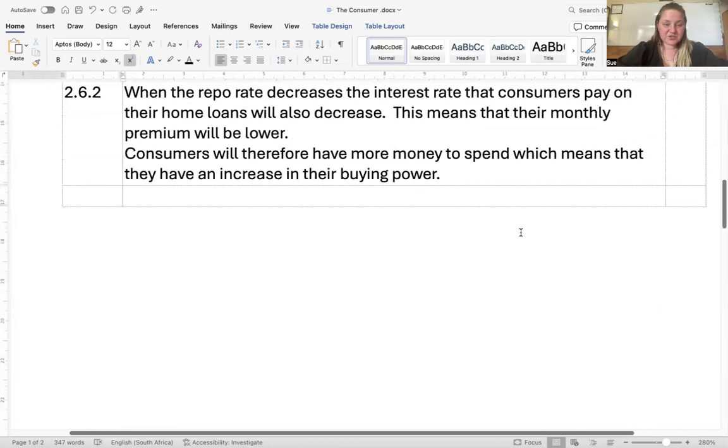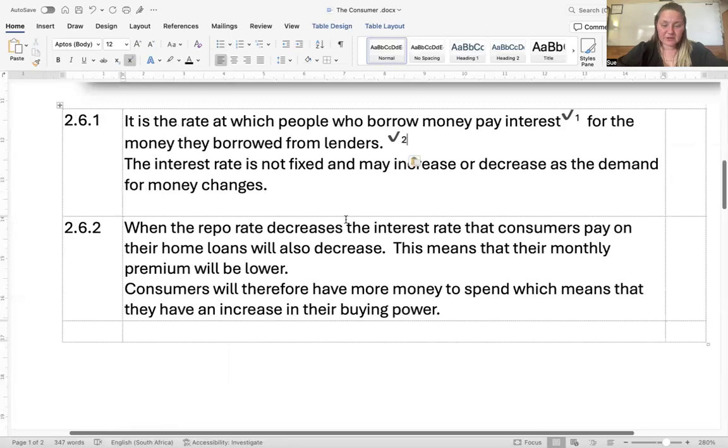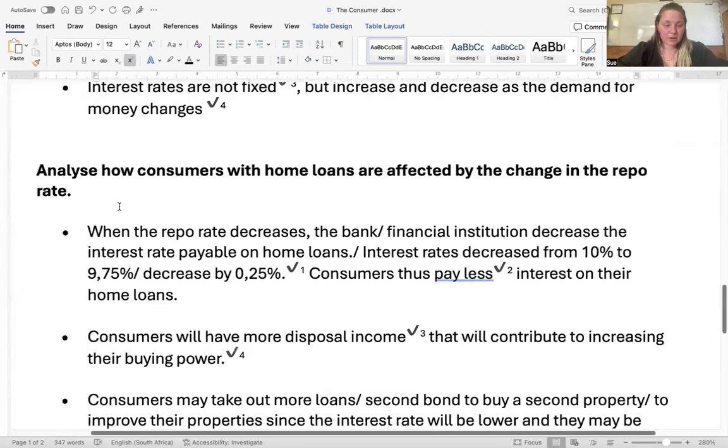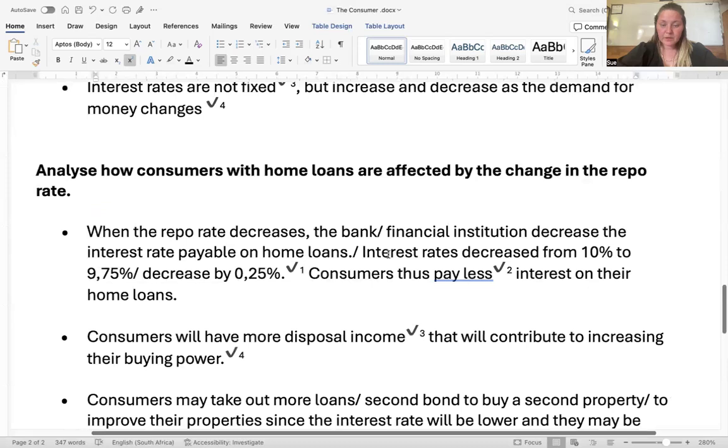Now, 2.6.2, we said when the repo rate decreases, the interest rate that consumers pay on their home loans will also decrease. Let's see. When the repo rate decreases, the bank or the financial institution decreases the interest rate that's payable on home loans. Or interest rates decreased from 10% to 9.75%, or it decreased by 0.25%.